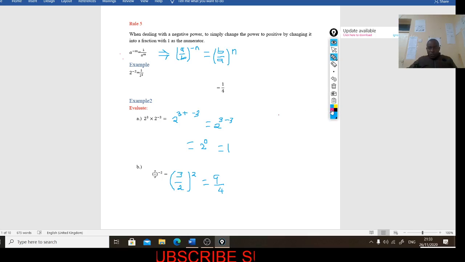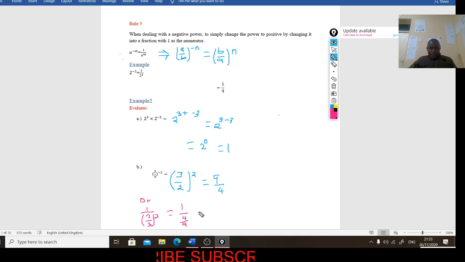Or we can use the other way that we said. It will be 1 all over 2 over 3, with the power now positive. That is 1 over 2 over 3 squared, which is equal to 1 over 4 over 9.